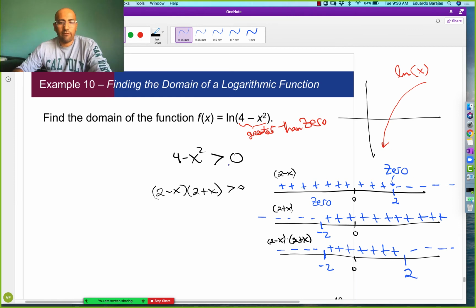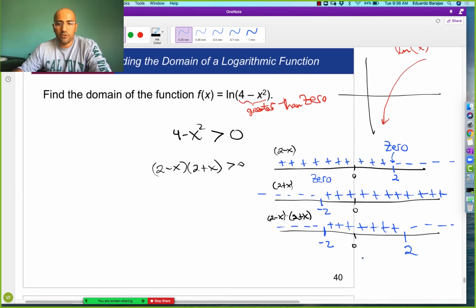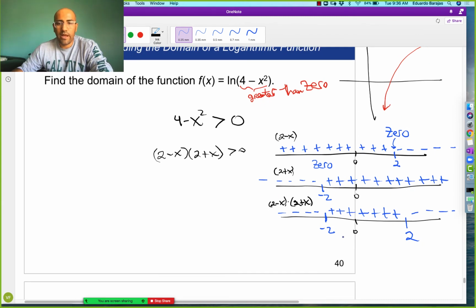Now we know that for this to be a positive value, it must be true that x is a number trapped between -2 and 2, not including the endpoints, because then that would give you 0. Okay? So this is true if x is less than +2 but greater than -2.